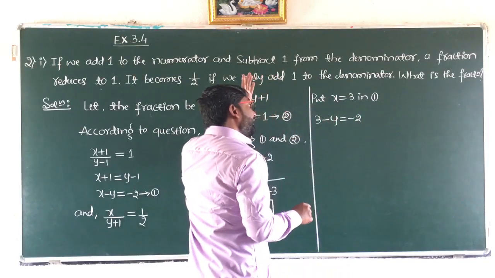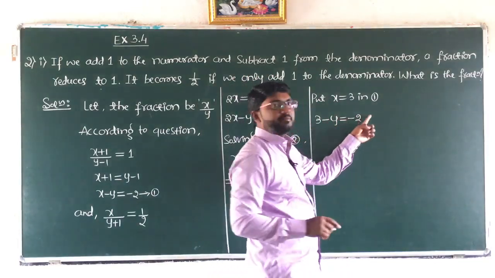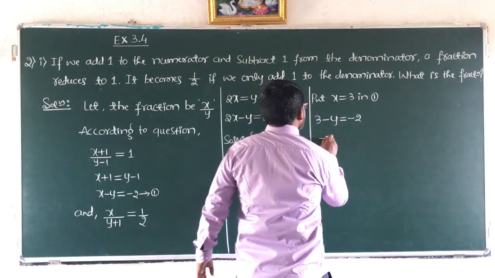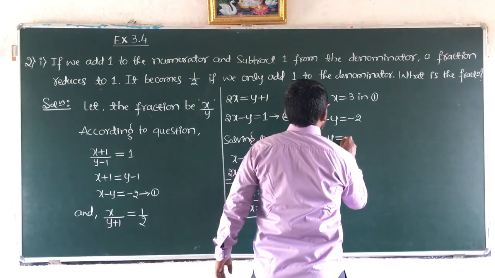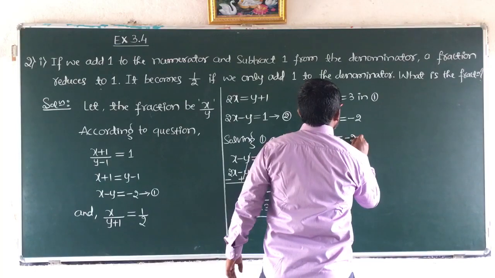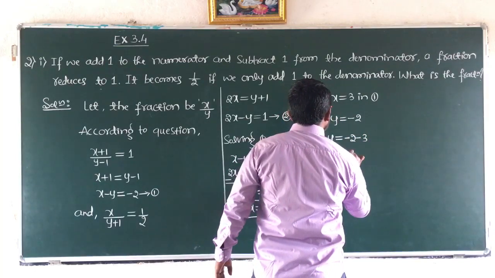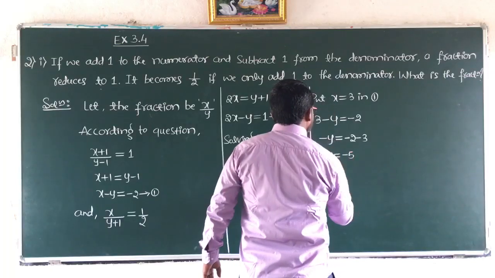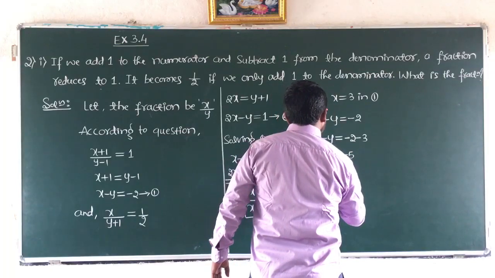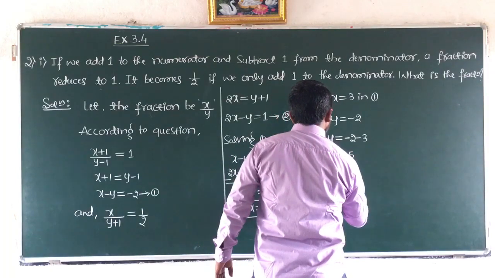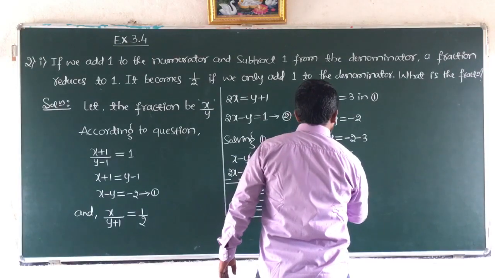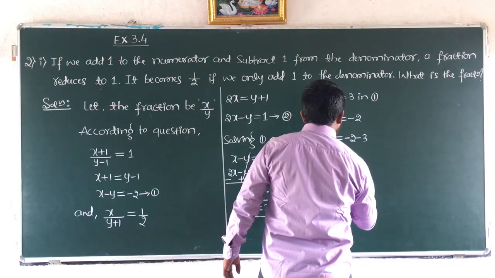Now take 3 to the RHS, it becomes minus 3. So, minus y is equal to minus 2 minus 3, so minus y is equal to minus 5. Minus and minus cancel, we get y equal to 5. So we have got the value of y as well.